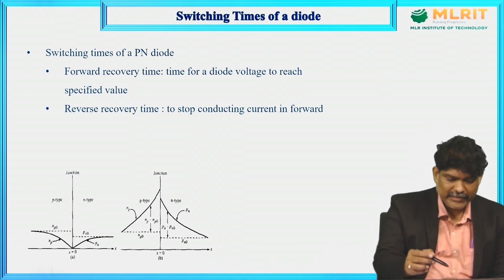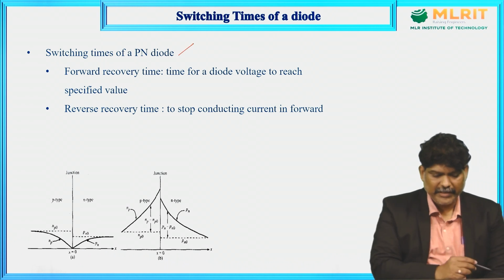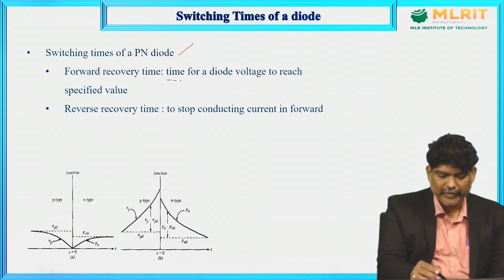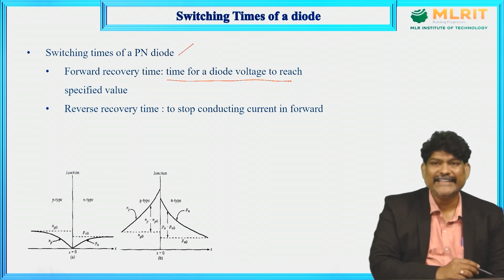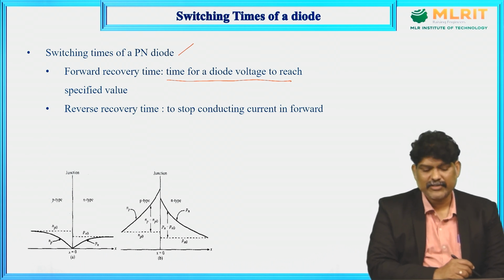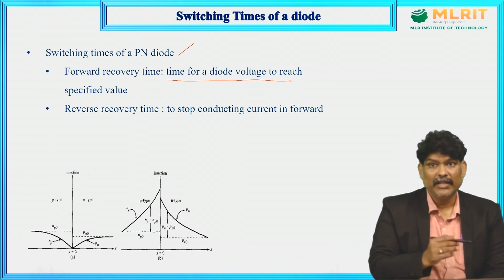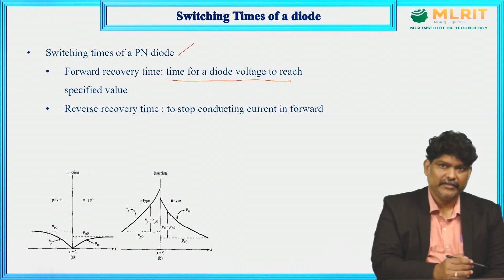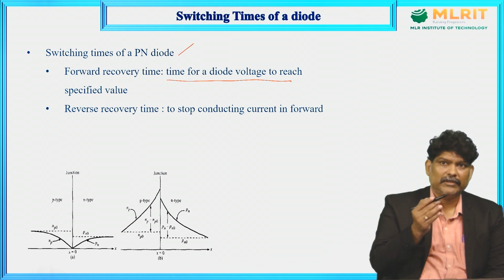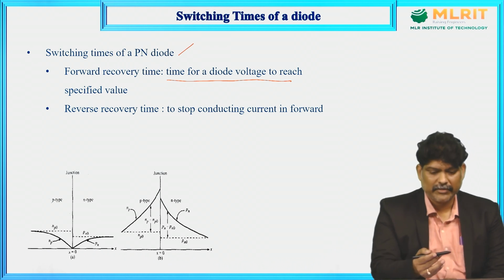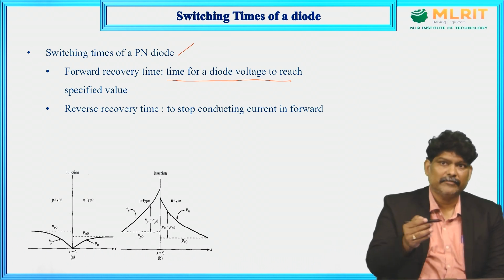So for switching times, we have to consider the forward recovery time, the time for the diode voltage to reach from reverse to forward. So when a diode is already connected in reverse bias condition and you now apply forward bias, it has to take some time.